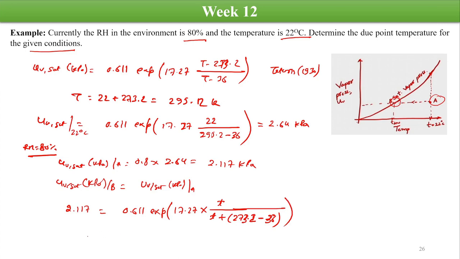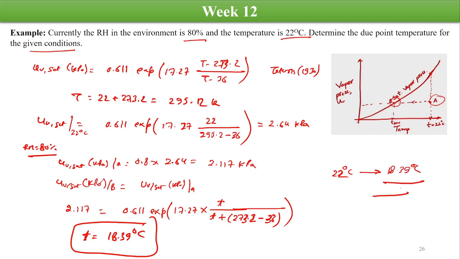Okay. If we solve this one, then we will get a temperature of 18.39 degrees Celsius. So to reach the dew point temperature, we need to decrease the temperature from 22 degrees Celsius to 18.39 degrees Celsius, right? Please have a look at this question if you have any doubt.